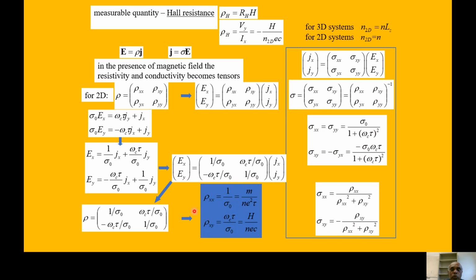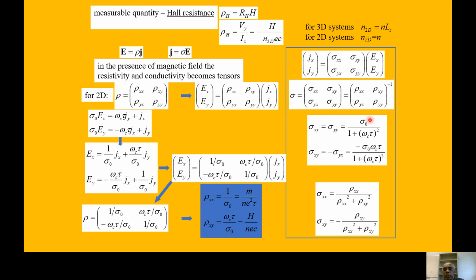The rho values we know how to get from the previous case. Now, if you want to calculate your sigma, you can see how they change with your cyclotron frequency and the relaxation time, and of course with the Drude conductivity.